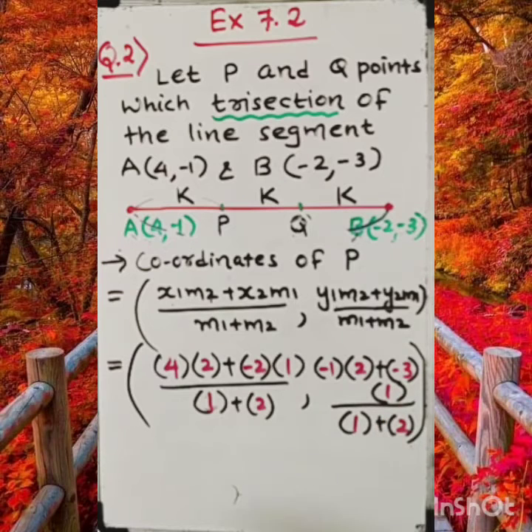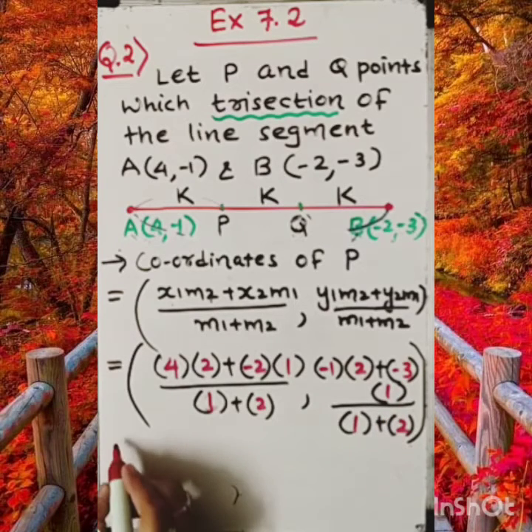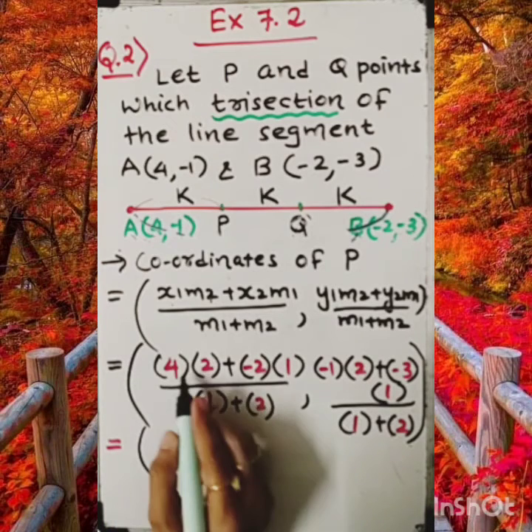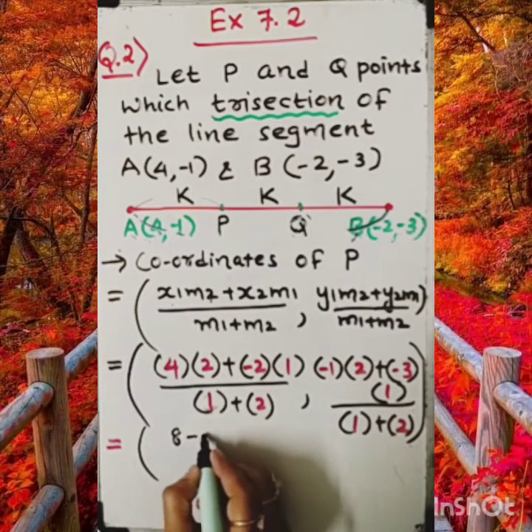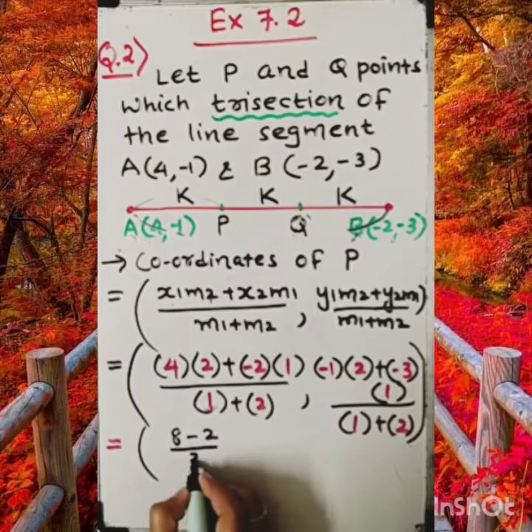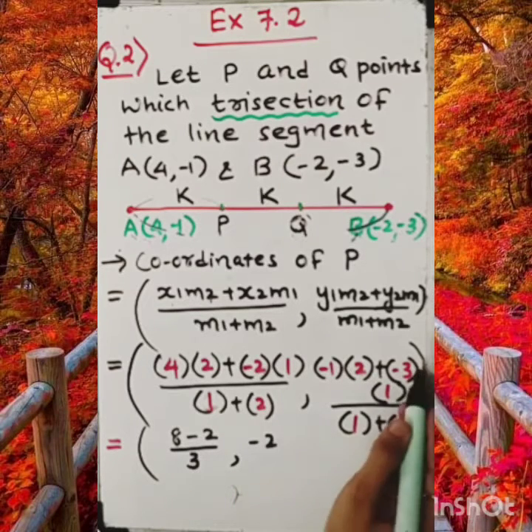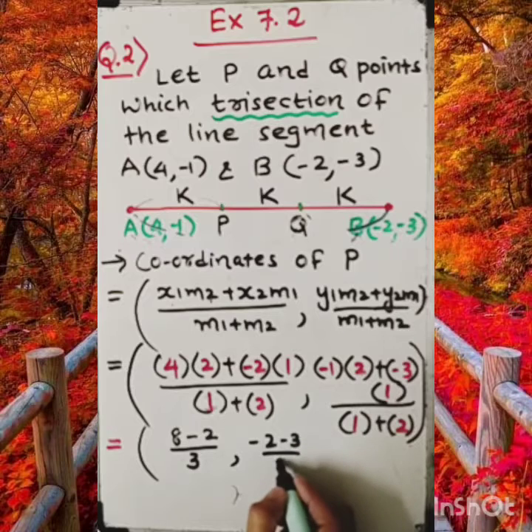Got it? So, dear students, let's proceed further. If I multiply this, I will have 4 times 2 is 8, minus 2 times 1 is 2, upon 3, comma, minus 1 times 2 is minus 2, and this is minus 3, by 3.